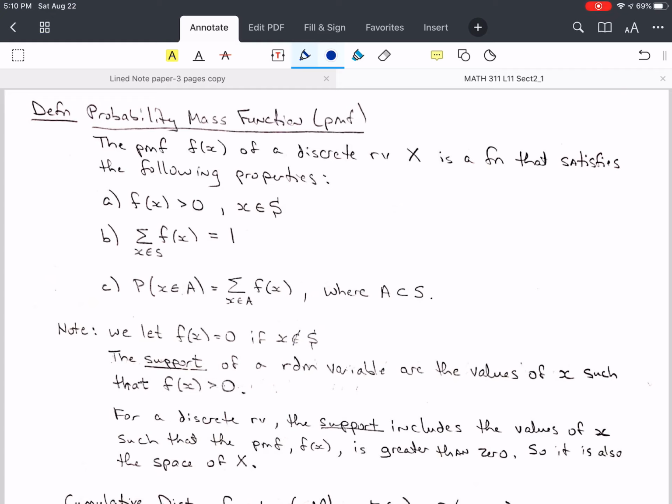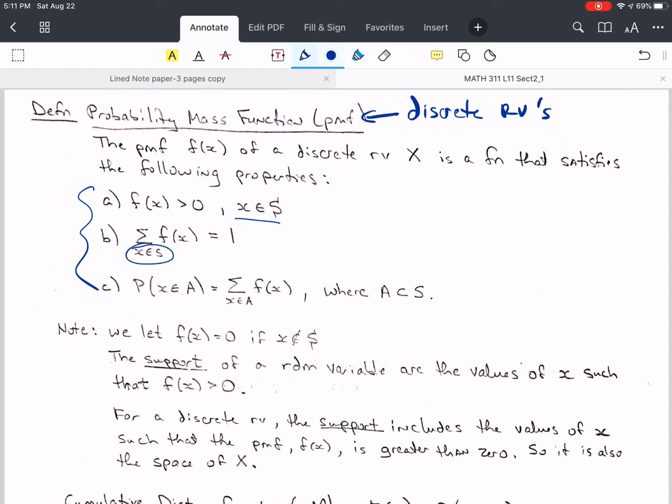Now let's talk about something called a probability mass function, and the PMF is for discrete random variables. The PMF of a discrete random variable is a function that has to satisfy these 3 properties. f of x is going to be positive when x is in S, the space or support of X. And the sum of the probability mass function for all x in S, the support or space of X, is equal to 1.